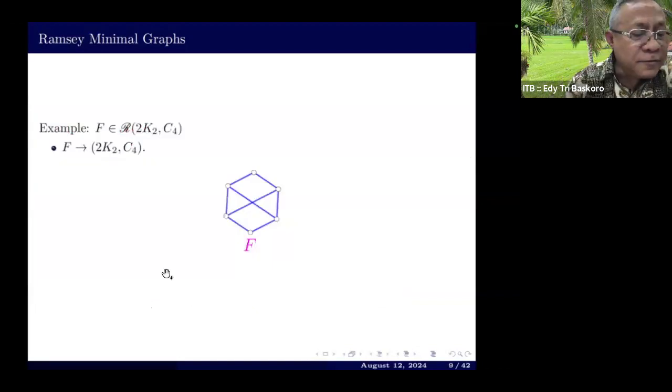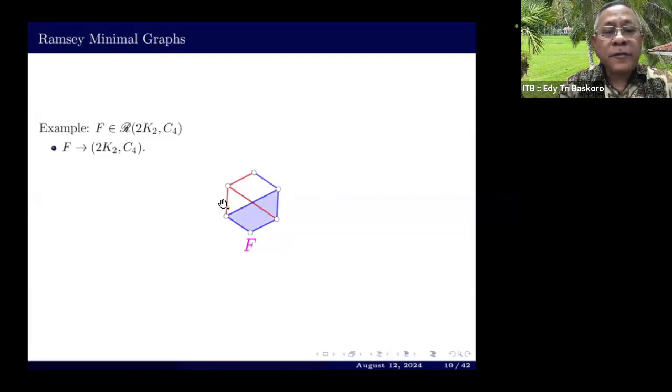Consider the graph F here. We will show that F arrows (2K2, C4). Since if you take any red-blue coloring on F without a red 2K2, then all these red edges will be incident to a single vertex, like this.